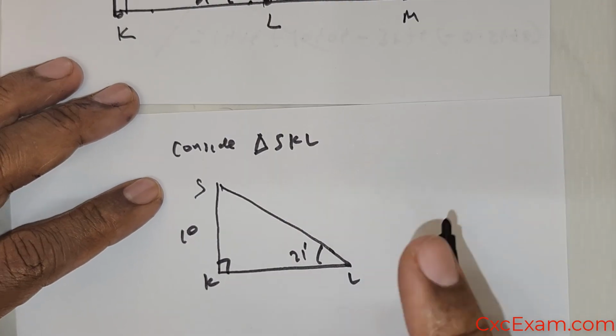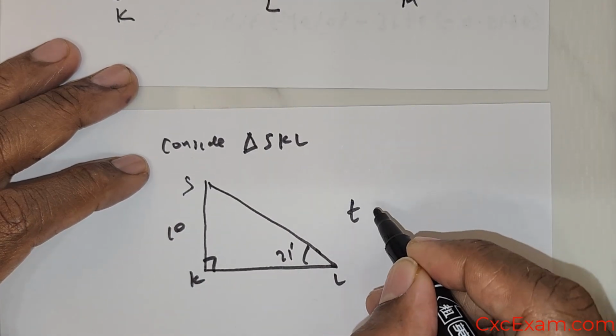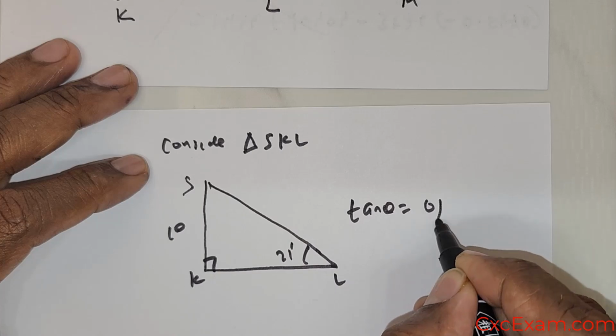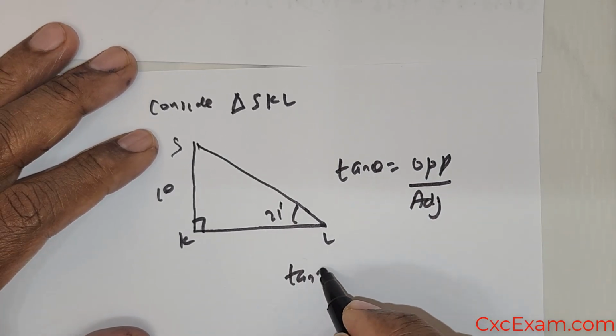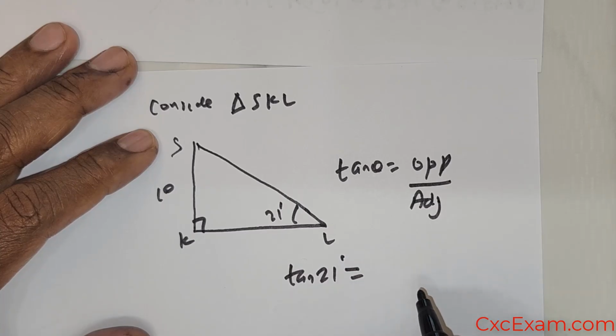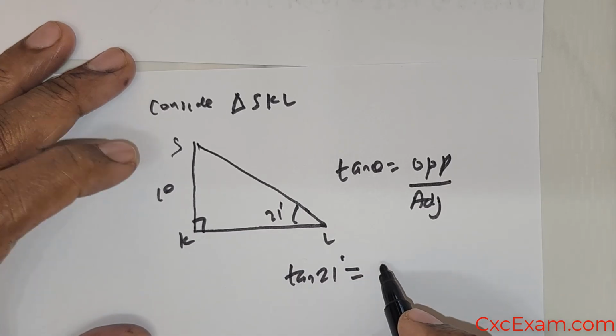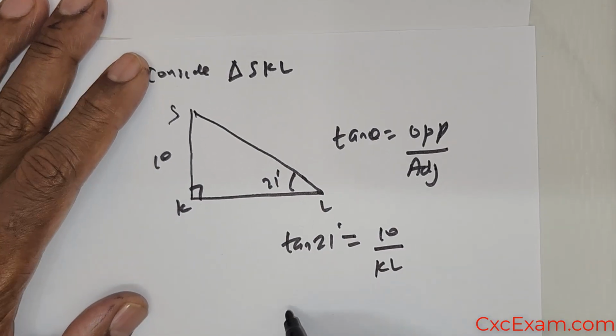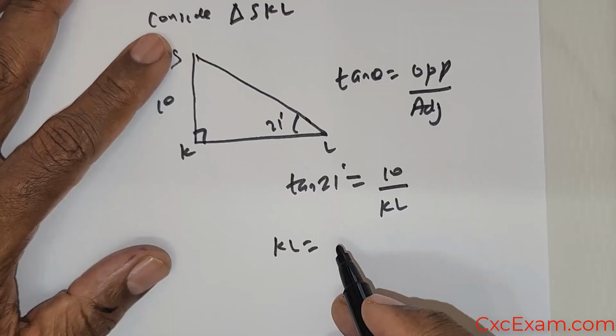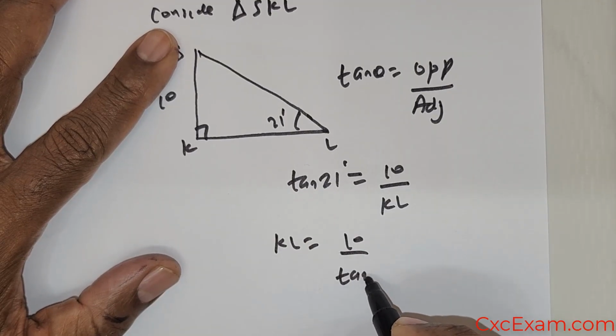I need this side, so I take tan theta equals opposite side by adjacent side. Tan 21 degrees is equal to opposite side, which is 10, over KL. So KL is equal to 10 divided by tan 21.